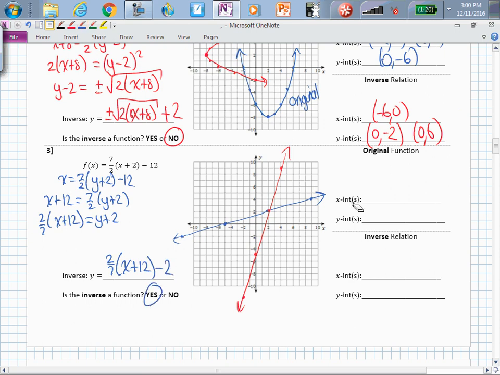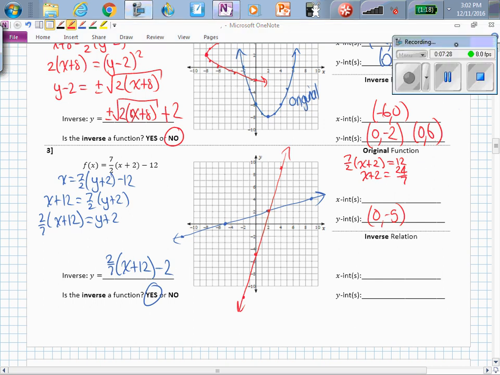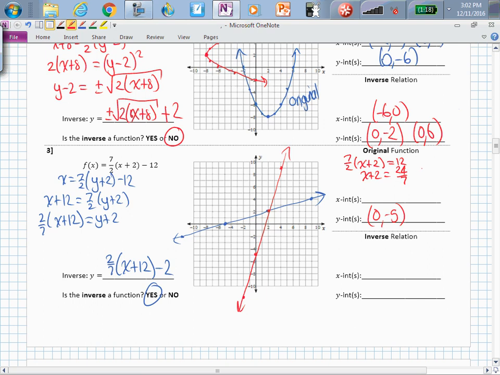The x-intercepts of the original, we'll figure that out in a minute. The y-intercept is 0, -5. For the x-intercept, we have to set this equal to 0. So it becomes 7/2 x plus 2 equals 12. x plus 2 equals 24/7. So this gives me x, I've got to subtract 2, so then it's going to be 1 and 3/7 and 0.